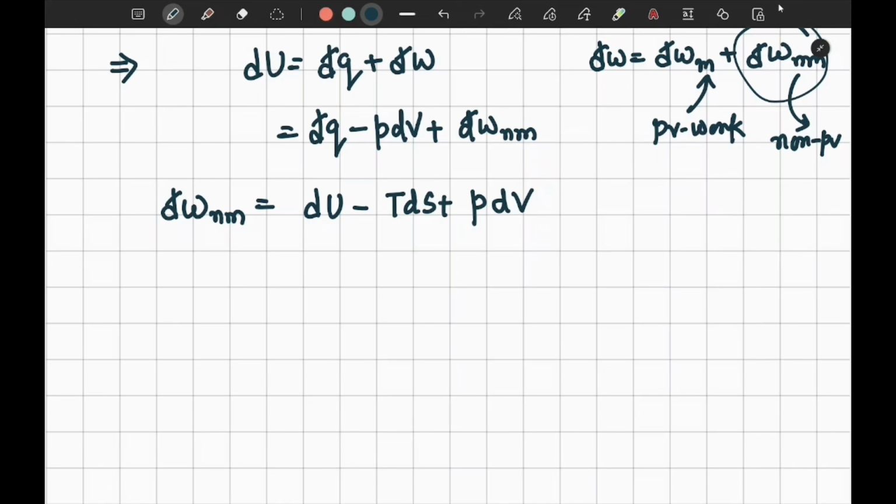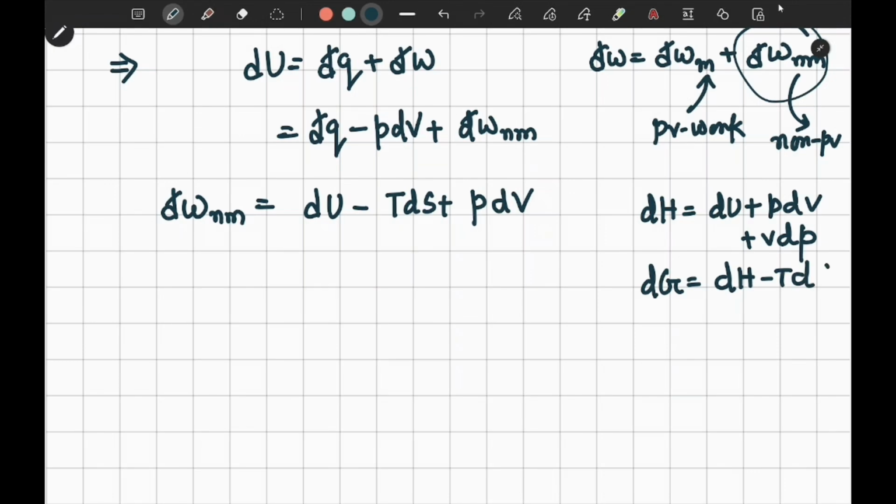So now how can you do that? We know that dH is dU plus PdV plus VdP. And dG is dH minus TdS minus SdT, that you know.